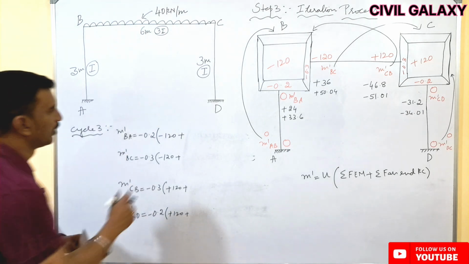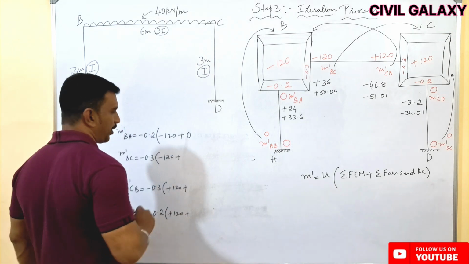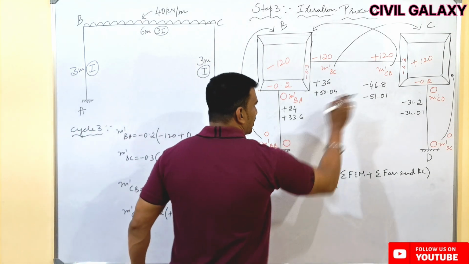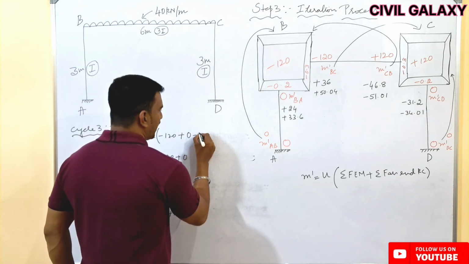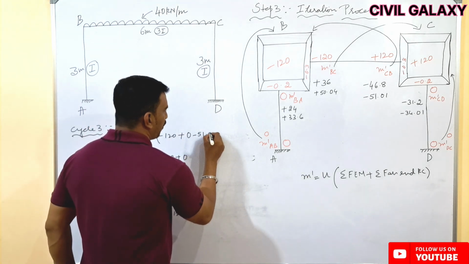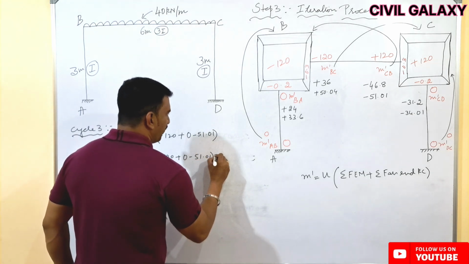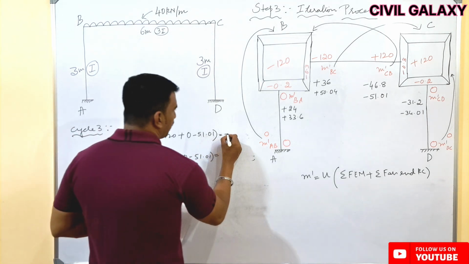The far end rotation contribution here remains the same. Now we are getting a new iteration value for the far end rotation contribution, which is minus 51.01. Here also minus 51.01.